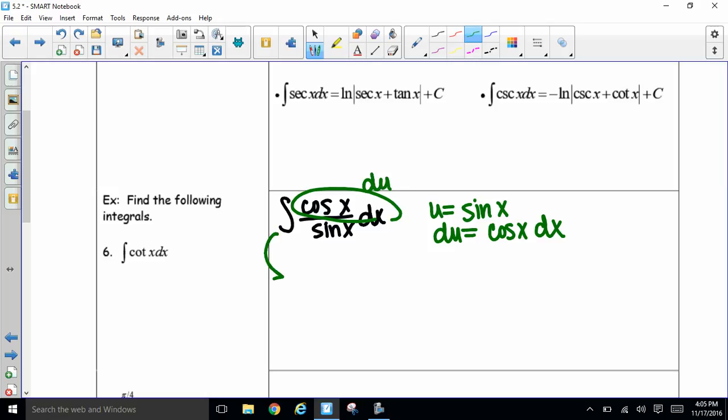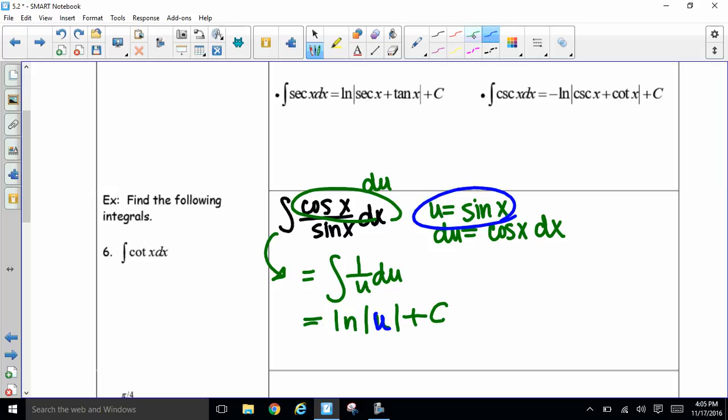So I've turned this into the integral of 1 over u du, which means my answer is natural log of absolute value of u plus c. And then it's just my job to get rid of that u by replacing it with sine of x. So I get natural log of absolute value of sine of x plus c.